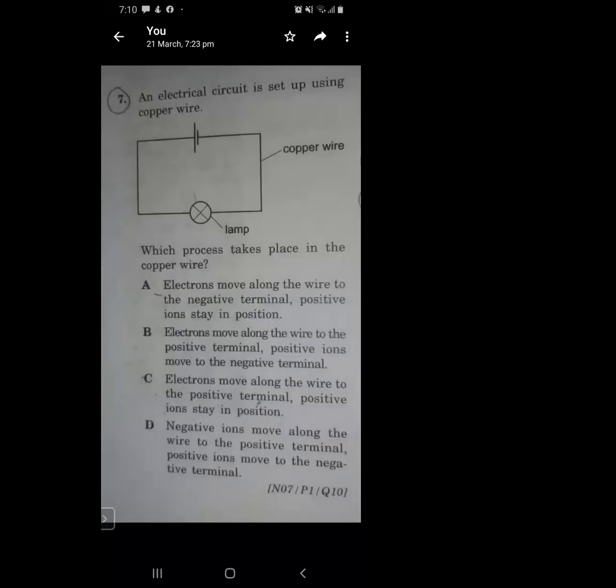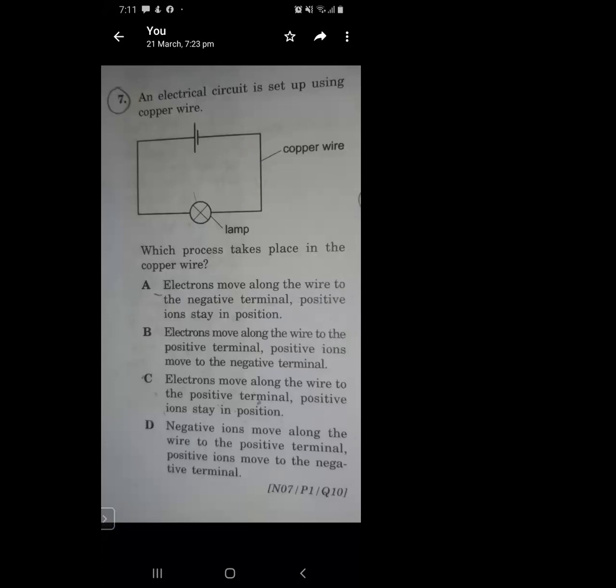Then this question: an electrical circuit is set up using copper wire. Which process takes place in the copper wire? Remember, copper is a metal, so it should have mobile electrons for conduction. Option A, electrons move along the wire to the negative terminal, positive ions stay in position.